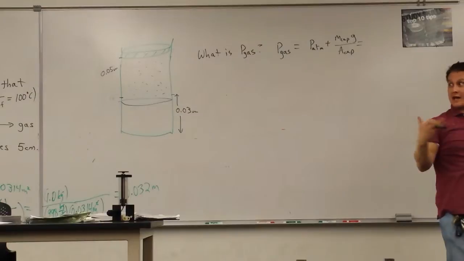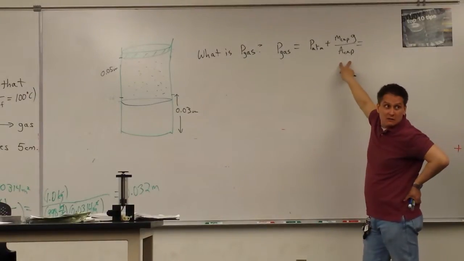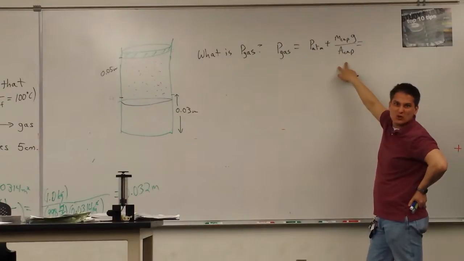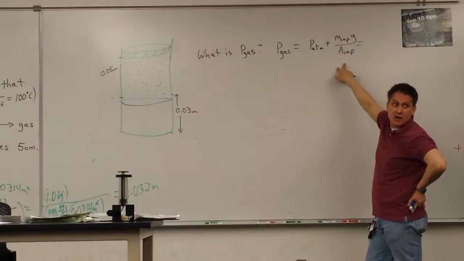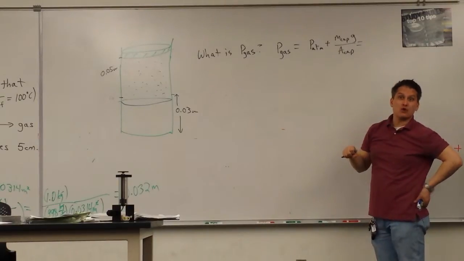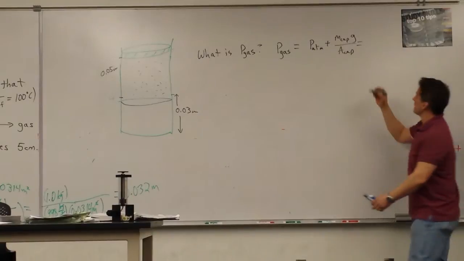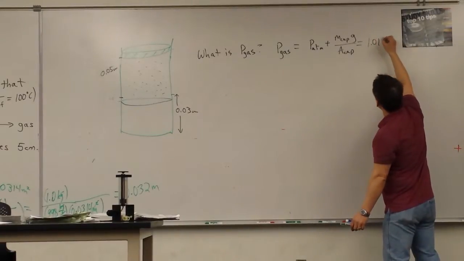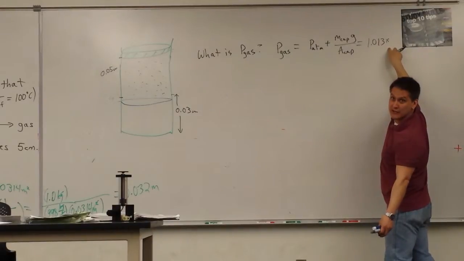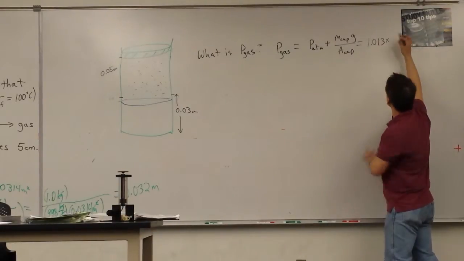Give or take, this number's tiny. I estimated it, but it's going to be about 1.013 or something. So we're only talking about a 0.3% change in pressure when you have this cap on there. Atmospheric pressure is huge by comparison to most things. So this is about 0.013. That 3 is probably not even going to matter in our final calculation, but it's pretty close to atmosphere still.